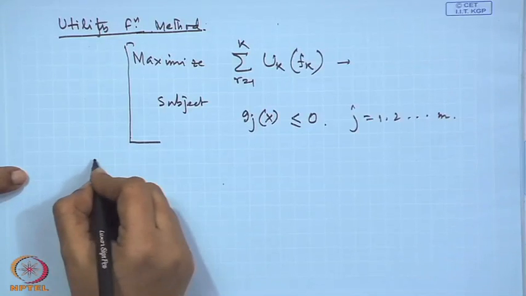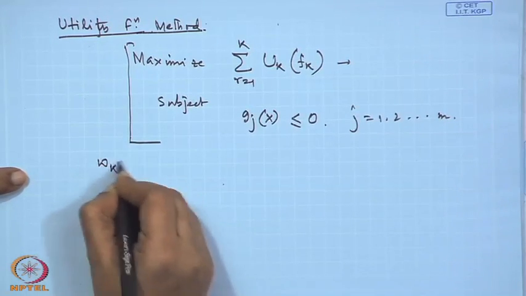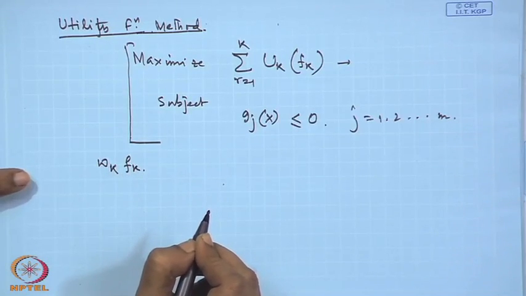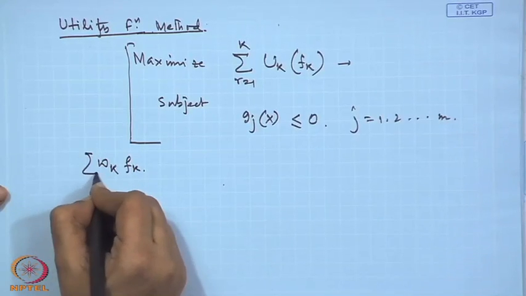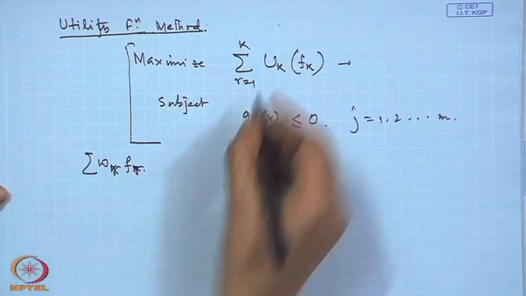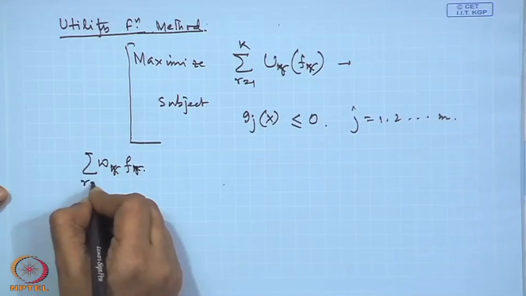But there is a certain variation of this utility function as well. If we consider the weights for each objective function instead of utility, weight is again the same thing, the importance of one objective function with respect to the other objective function. Take the sum of all, w_r f_r, where r is from 1 to k.